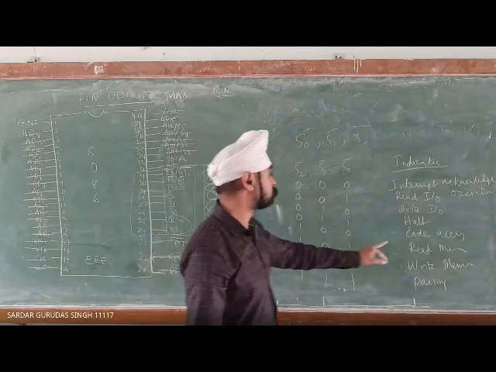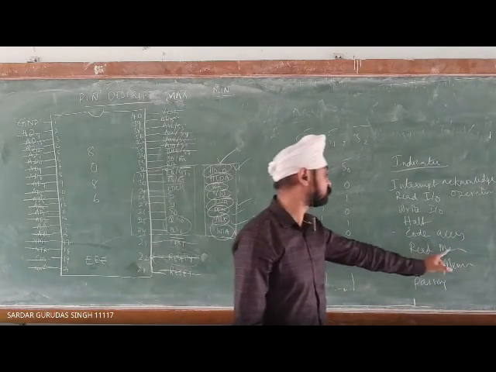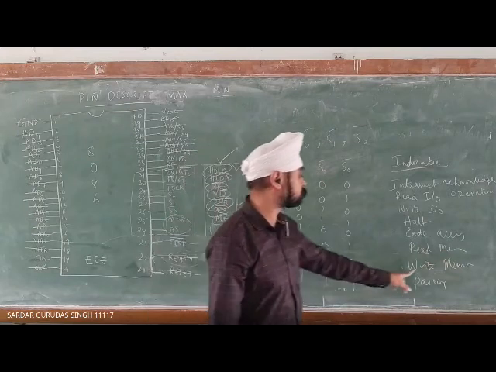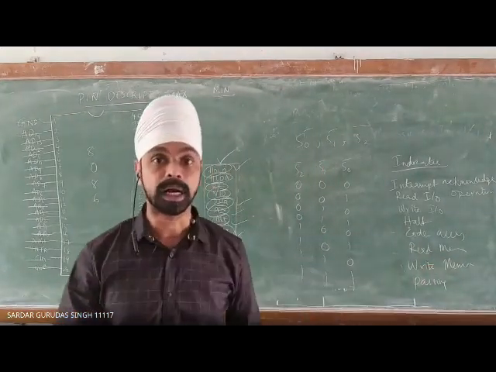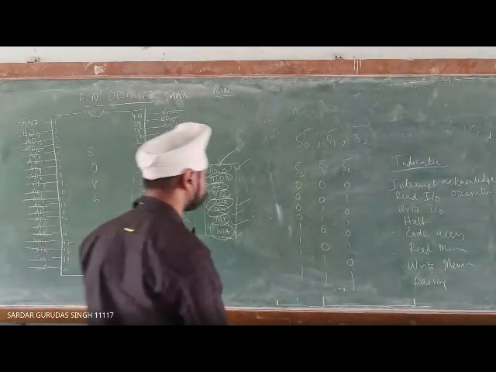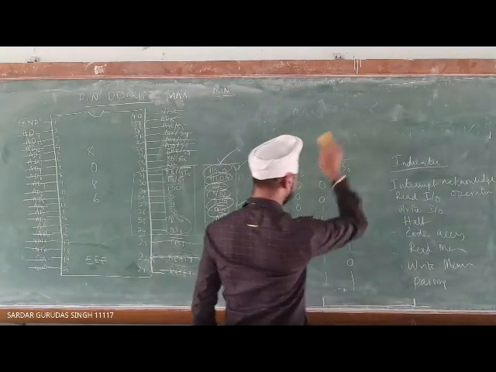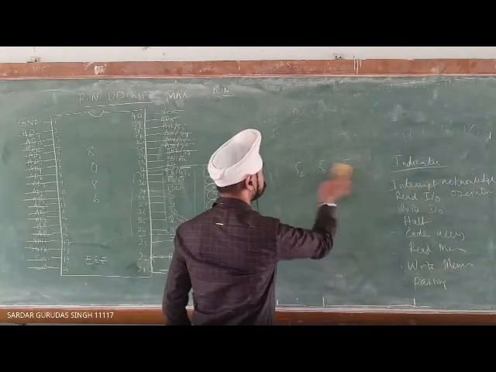If 100, your processor is accessing the code. If 101, your processor is performing a memory read operation. 110 indicates that the processor is performing the memory write operation. And if all are 1, it indicates that your processor is in the passive state, in the sense it is not active.